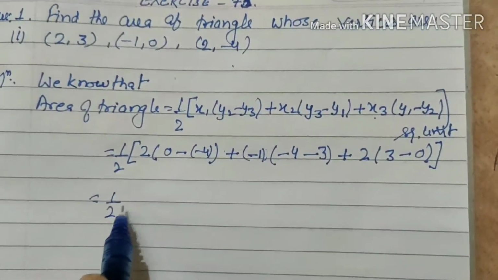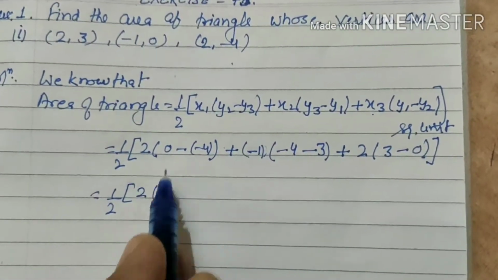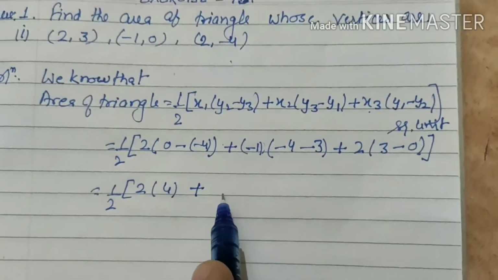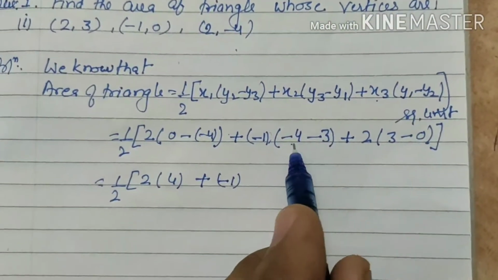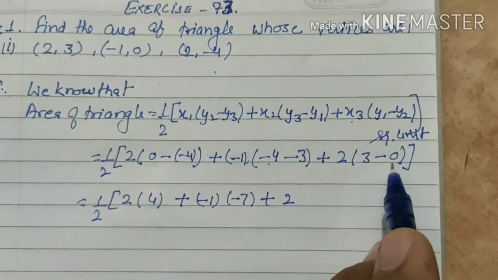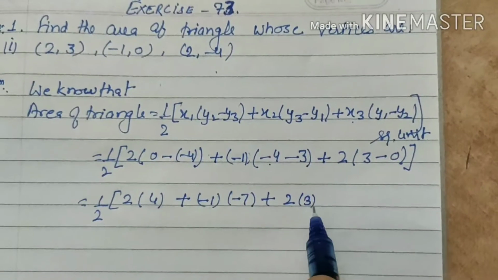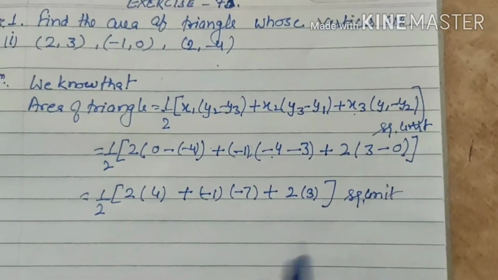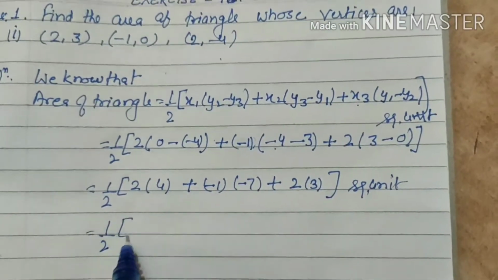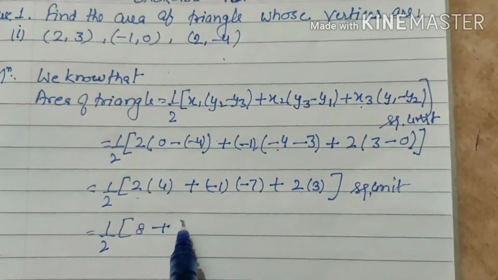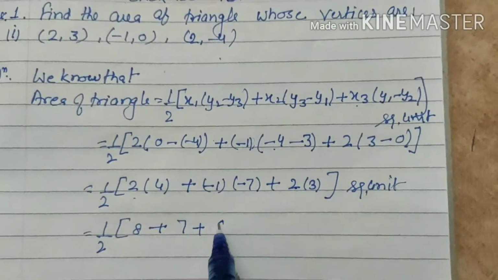So 1/2 into [2 into (0 plus 4) becomes 4, plus minus 1 into (minus 4 minus 3) becomes minus 7, so this is minus 7, plus 2 into (3 minus 0) becomes 3, 2 into 3 will remain the same] square units. The next part: 2 into 4 is 8, plus minus 1 into minus 7 becomes plus 7, plus 2 into 3 is 6.